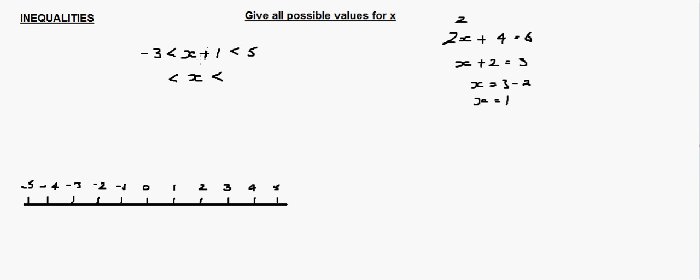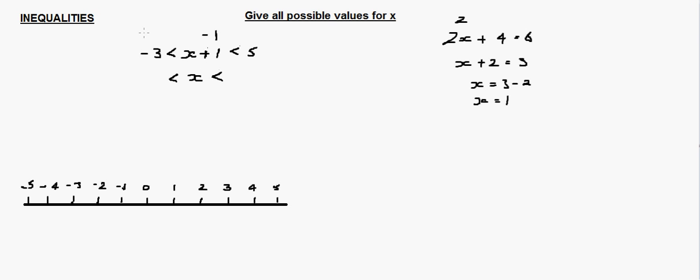Well, if we've got plus 1, if I go take away 1, minus 1 plus 1 cancel out and just leave me the x. But as we did before, what we do here we must do to both sides.